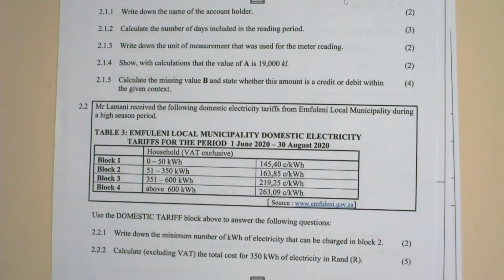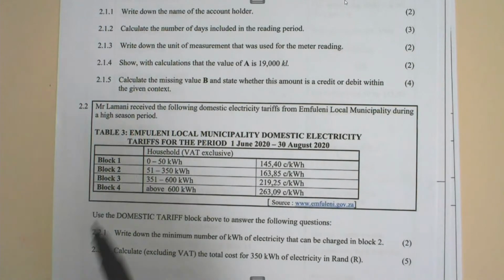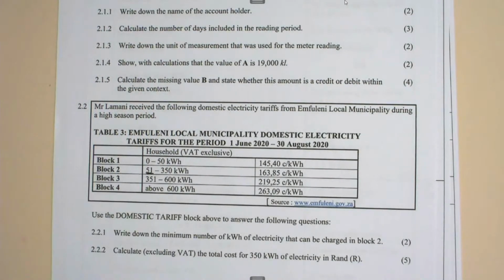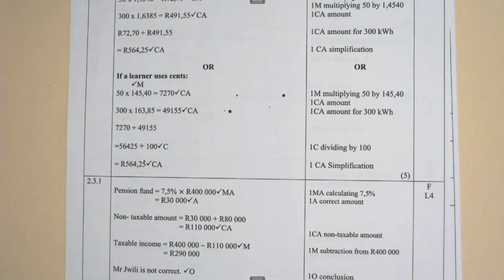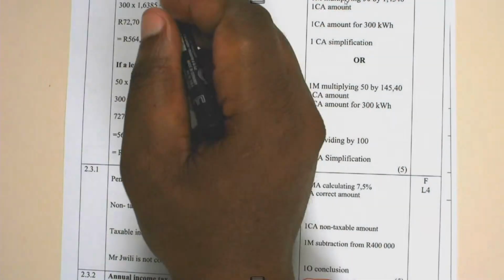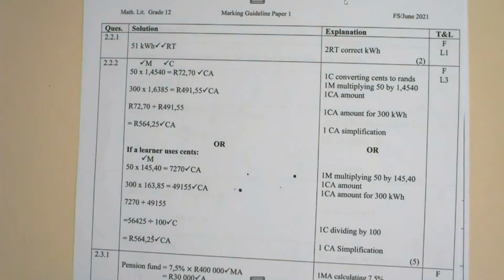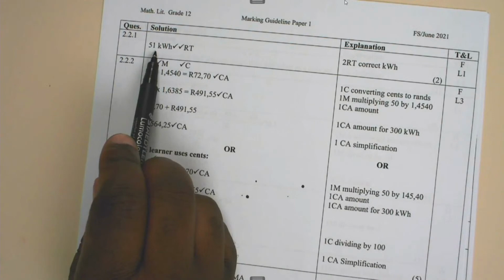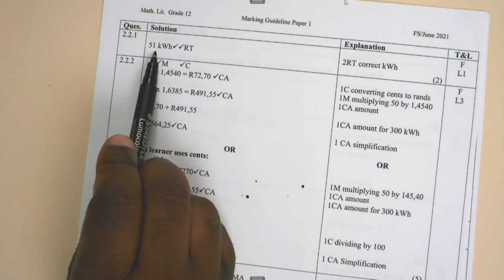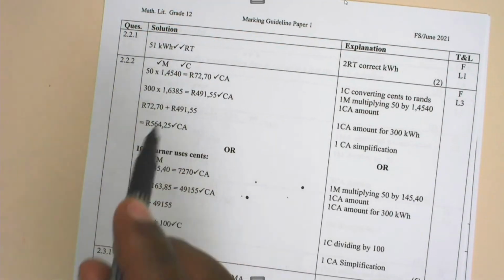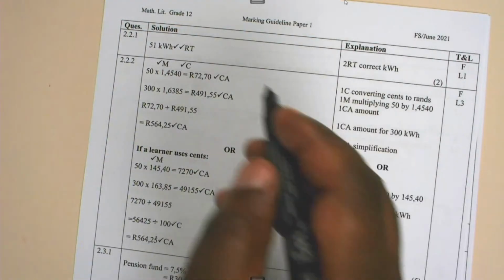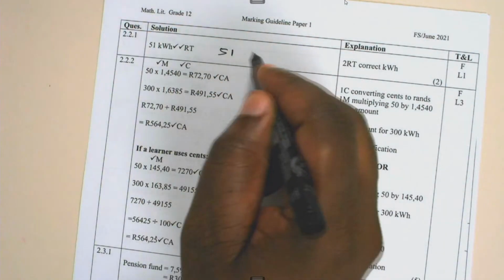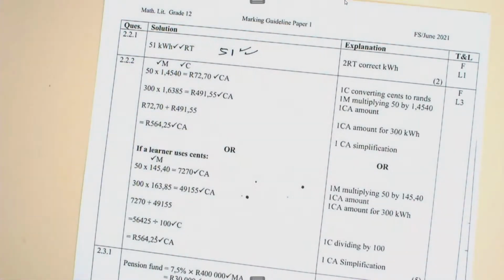2.2.1, write down the minimum number of kilowatt hours of electricity that can be charged in block 2. In block 2, the minimum should be 51. Let's look at the possible answer. Yes, there is the answer, it's 51. So you credit the learner. Even if the learner wrote 51 you still credit the learner.